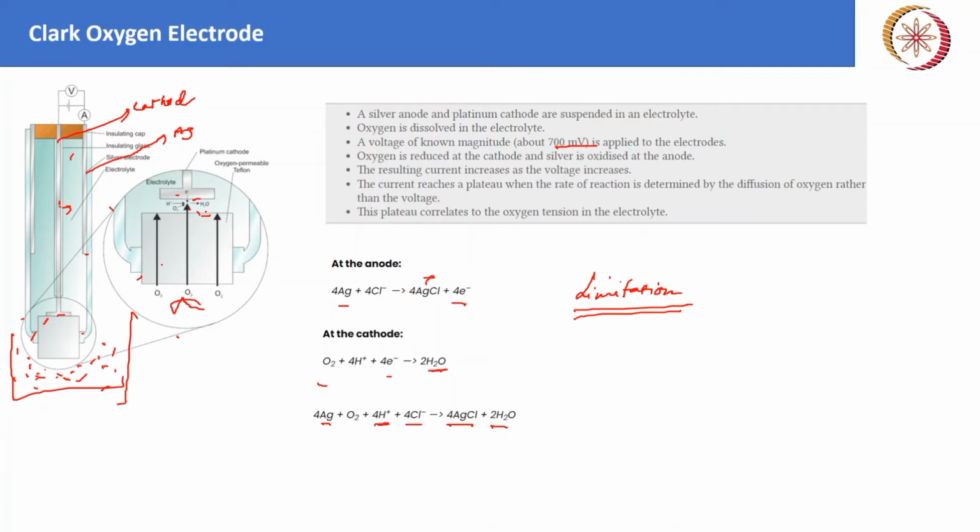As a result, unrestricted reduction of the oxygen is going on, and whatever value we are getting from this electrode process is not the actual value. So this is what we can call unrestricted oxygen diffusion.